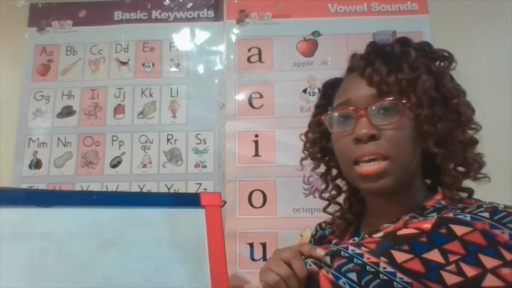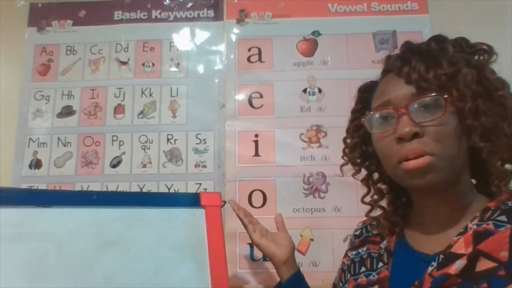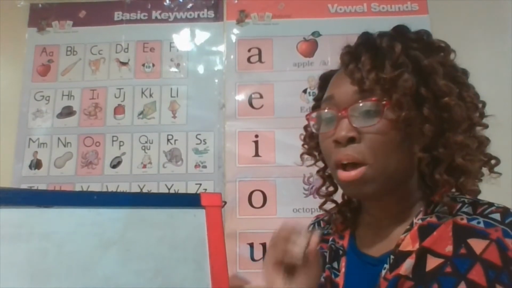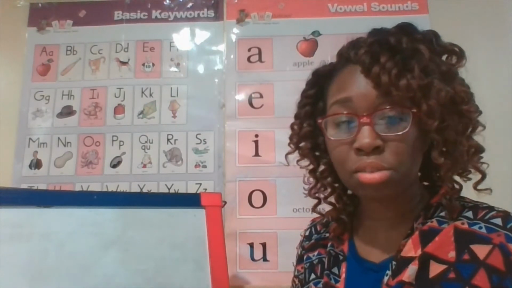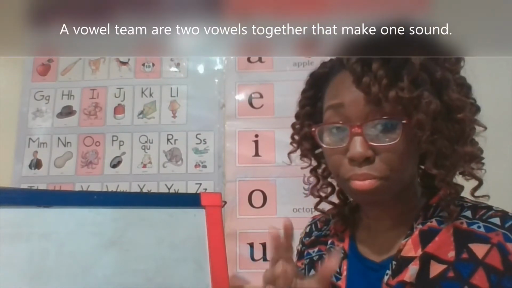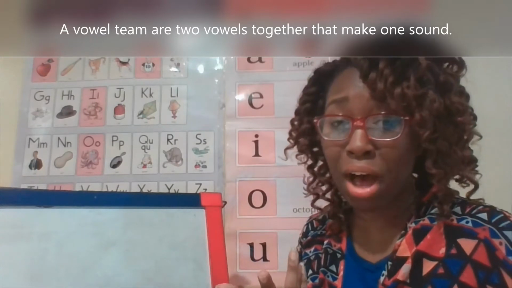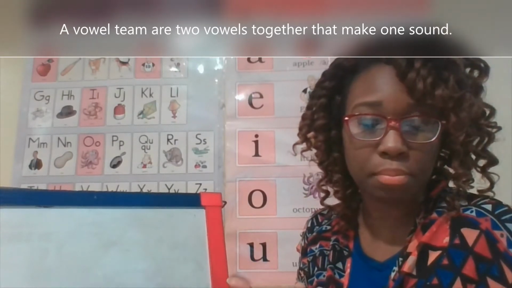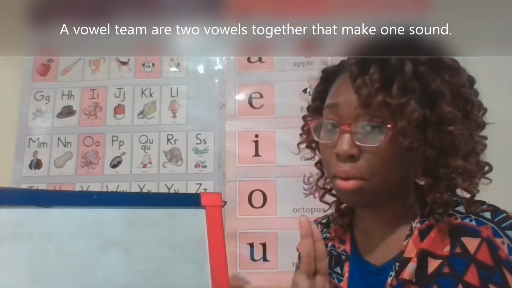But vowel teams, the vowels and their teams, right? So what vowel teams are is when you can have two vowels together and they make one sound, and that's a vowel team, right? It has to be two vowels though.